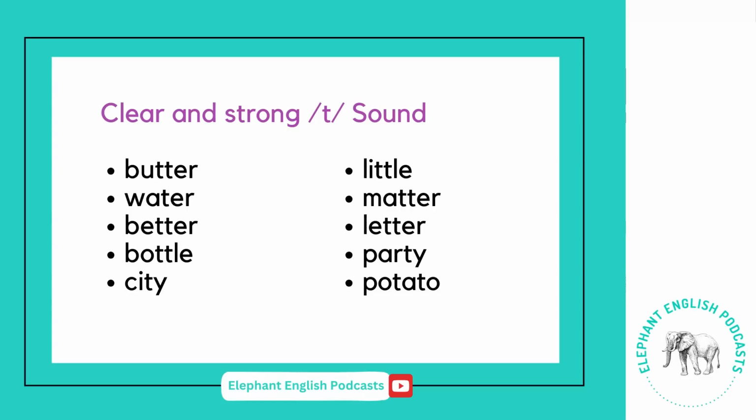But in American English, the T is flapped, which means that it's not strong. They would say water, better, bottle. So there's a big difference. In British English, you need to make the T strong. Butter, water.